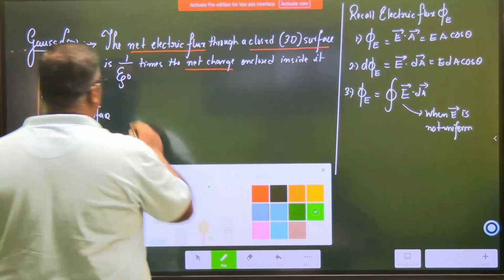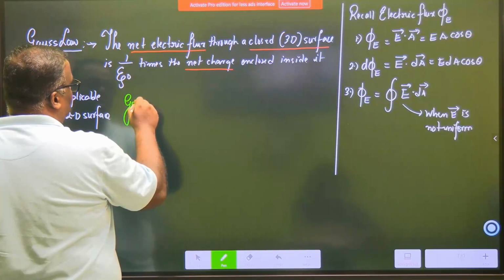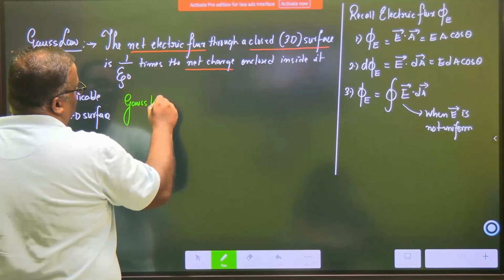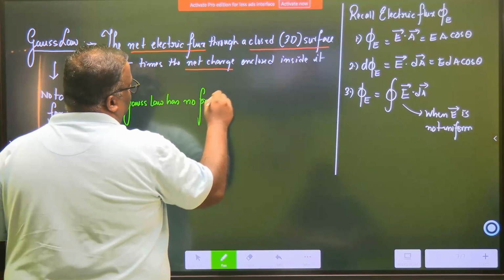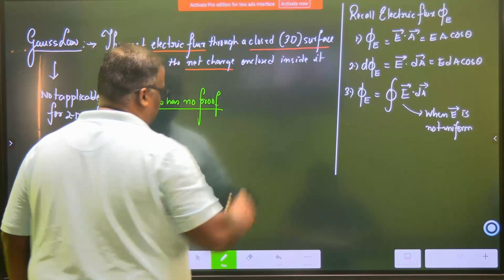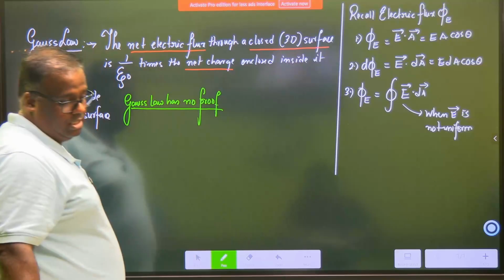We further write that Gauss law has no proof. You do not prove Gauss law, but you can prove hypothetical scenarios in it.